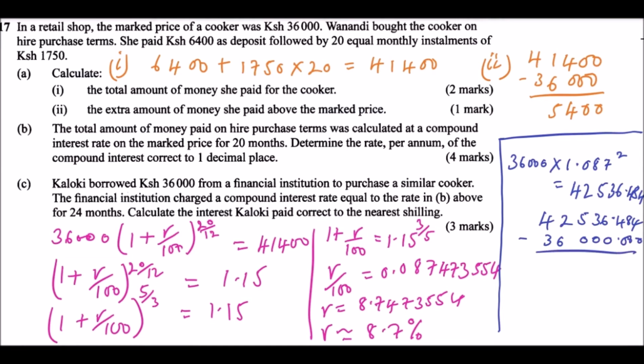This will give you 6,536.484, which is approximately 6,536. So that is the interest Karaoke paid correct to the nearest shilling, because here 0.484 is less than 0.5. We ignore that and we get that is the interest. So that is how you work out that question.